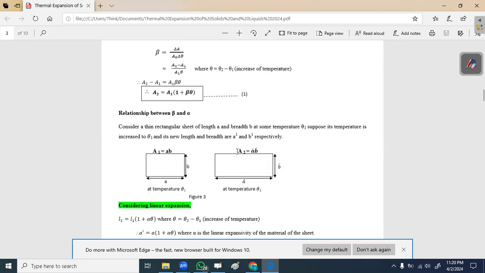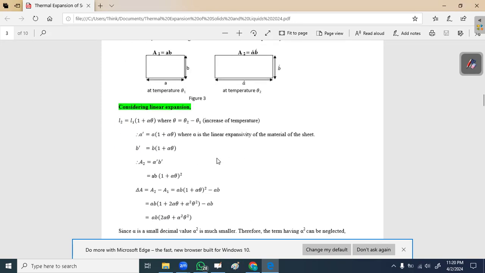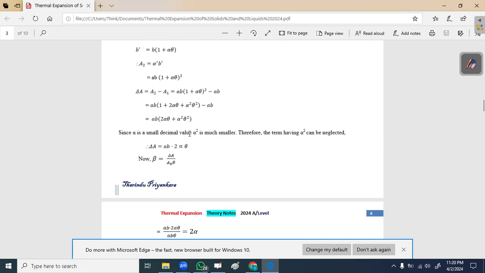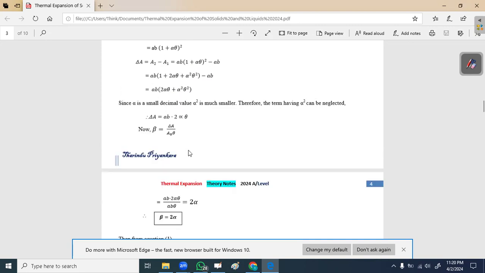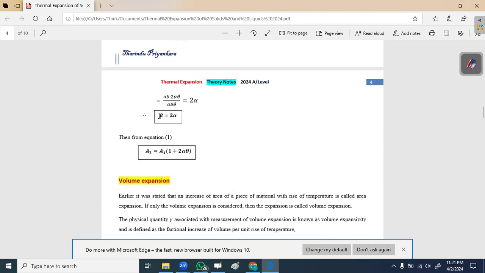Beta and alpha, there is a relationship. This relationship we have to prove, but the proving is not in our syllabus. I have given this is a to the power 2 and those powers are going to be negligible, then you finally cancel them off. So there is a relationship: beta equals 2 times alpha.